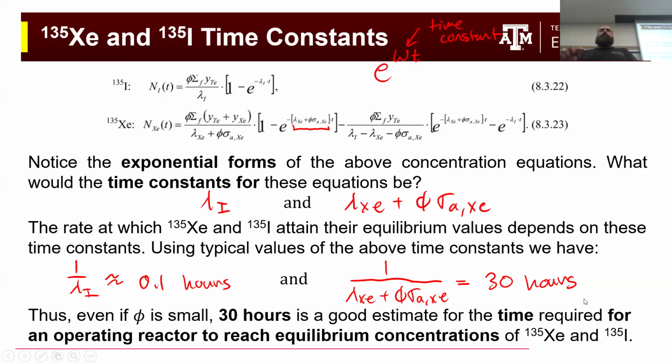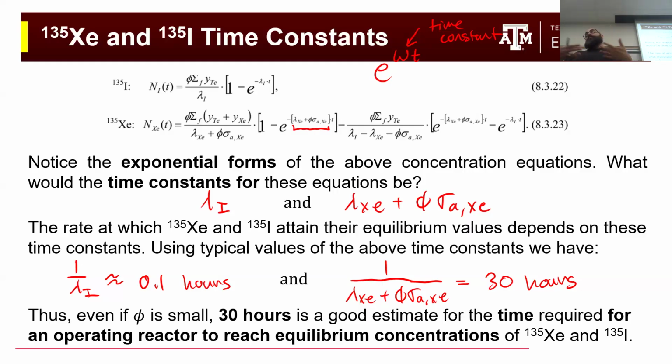And after 30 hours, we're going to hit an equilibrium amount of xenon. It's a similar story with promethium in that xenon is very highly absorbing. So over the first 30 hours, I've built up all of this xenon that has this massive absorption cross section, and the equilibrium amount is going to stay in there until I do something different with my reactor. So after 30 hours, I've maxed out the xenon that's there.